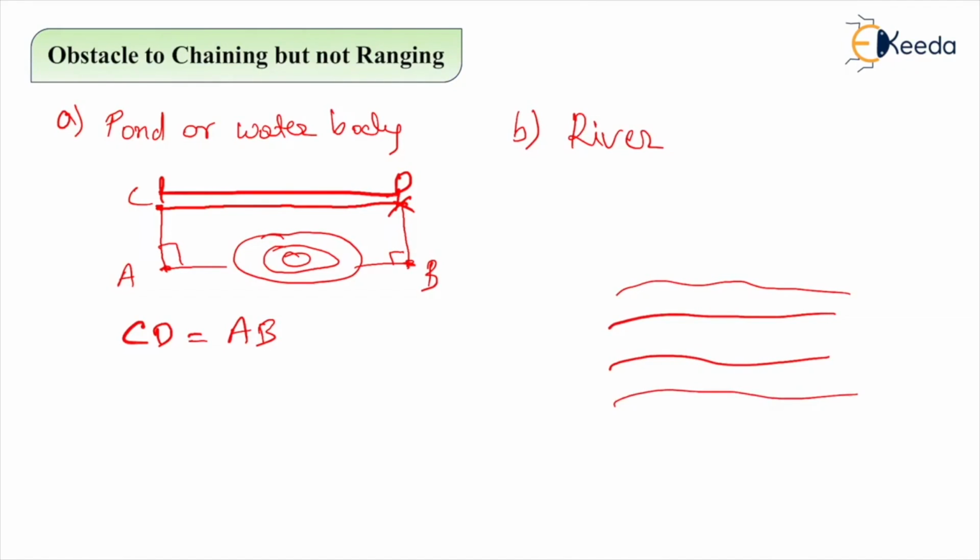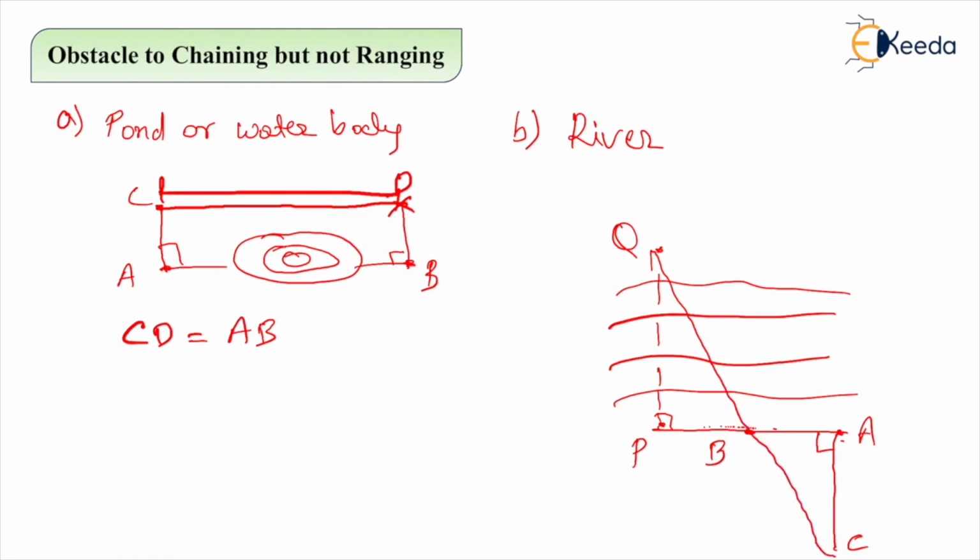Now there are two points, suppose point P and point Q, and we have to measure the distance between P and Q. What we can do, we'll draw a perpendicular line from P, a line PA, and we'll find its midpoint, say B. From A, we'll establish a perpendicular at C so that Q, B and C are in a straight line.